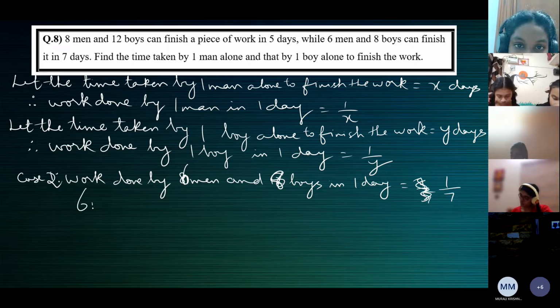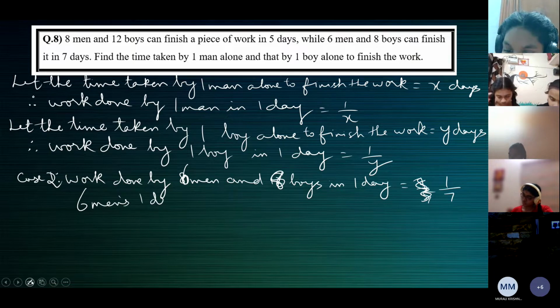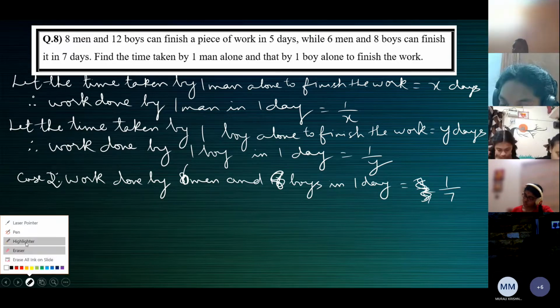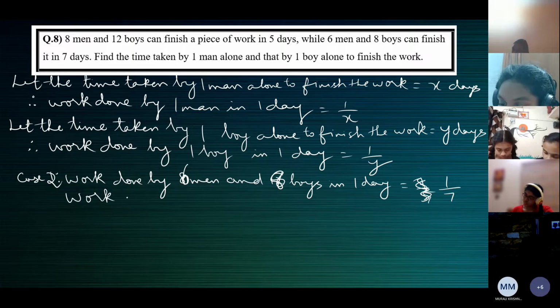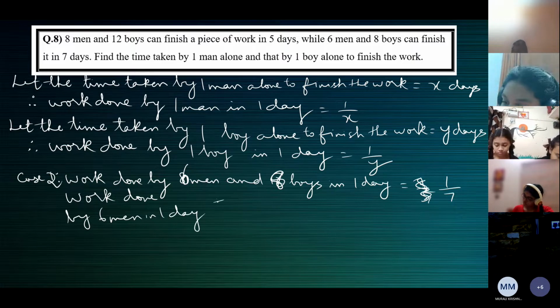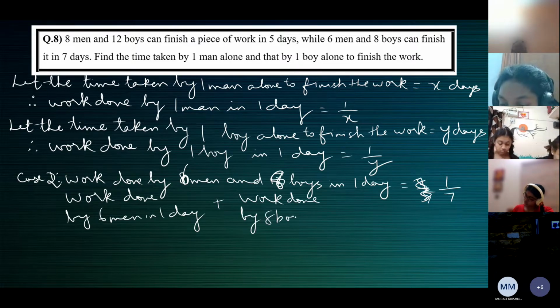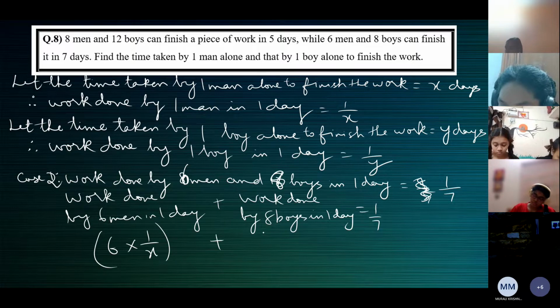So work done by 6 men in 1 day plus work done by 8 boys in 1 day is equal to 1 by 7. 1 man, 1 by x. 6 men, 6 into 1 by x. 1 boy, 1 by y. 8 boys will do 8 into 1 by y.